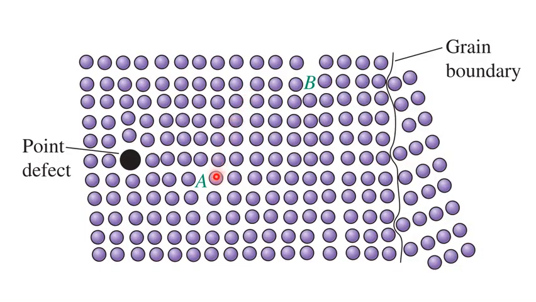Let's take this material with dislocation A here, extra half plane A, and dislocation B here, extra half plane here. Each of which causes a compression of the atoms around it.